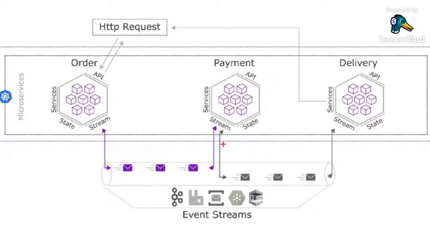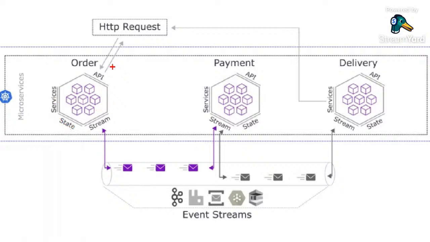For the purpose of this demo, I brought three microservices: the order microservice, the payment microservice, and the delivery microservice. Each of these microservices has its own exclusive responsibility, so we're talking about bounded contexts, domain contexts.